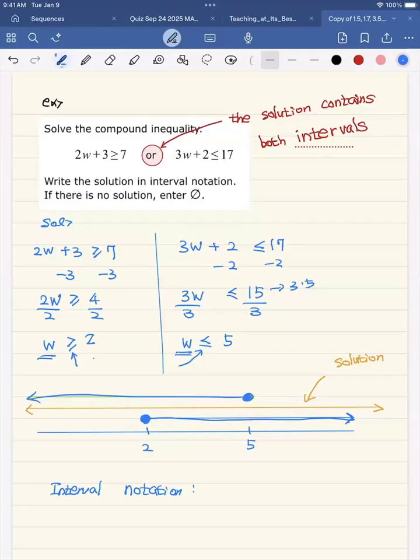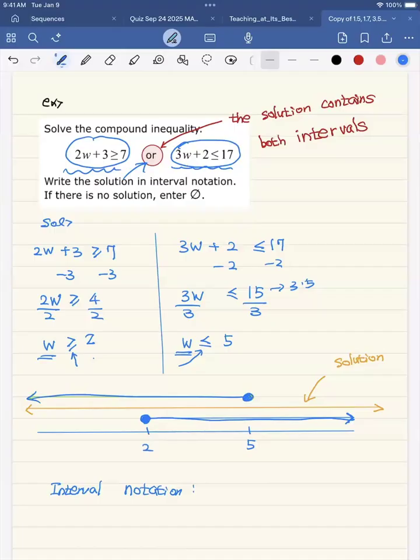The fundamental difference between the previous problem and this problem is that the two inequalities are connected with or. That means the solution set will satisfy either the first inequality or the second inequality.